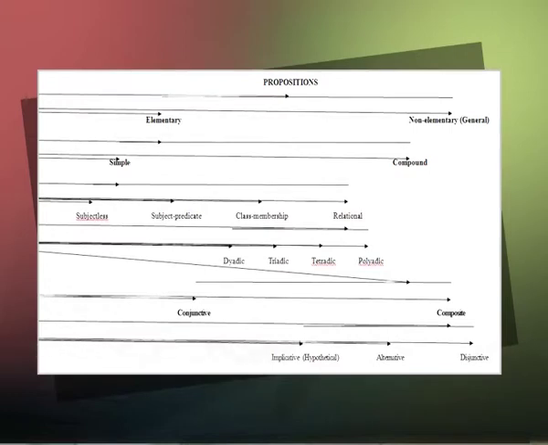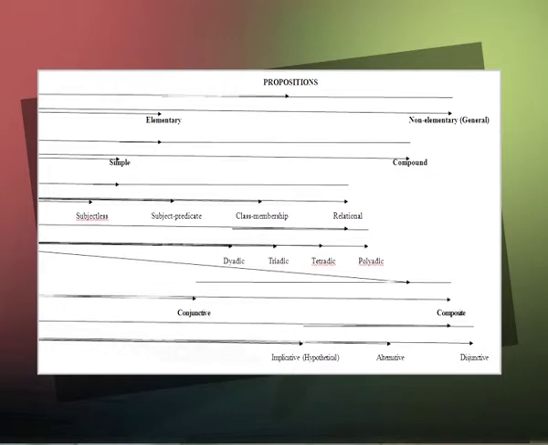Propositions can be largely divided into elementary propositions and non-elementary propositions. Elementary propositions can again be divided into two: simple propositions and compound propositions. Simple propositions can be divided into four: subjectless proposition, subject predicate proposition, class membership proposition, relational proposition. Relational propositions are again divided into four: dyadic, triadic, tetradic and polyadic.